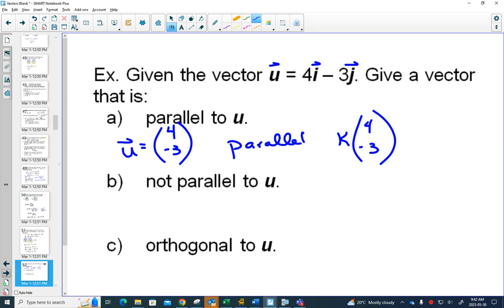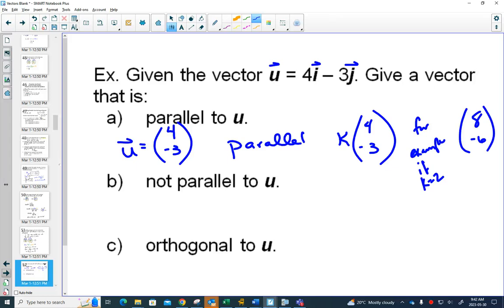So to start off, I'll just say k. You could pick 2. So for example, if k equals 2, 8, -6 would be parallel. Even if k was -3, doesn't matter positive or negative, k could be anything.